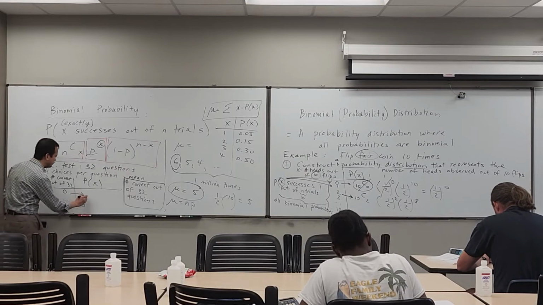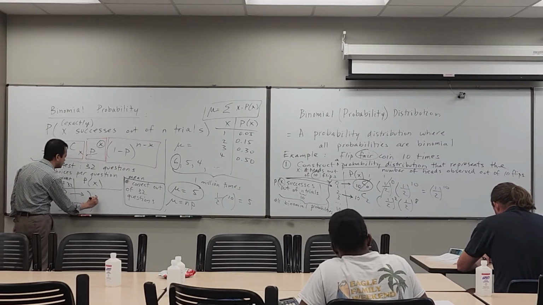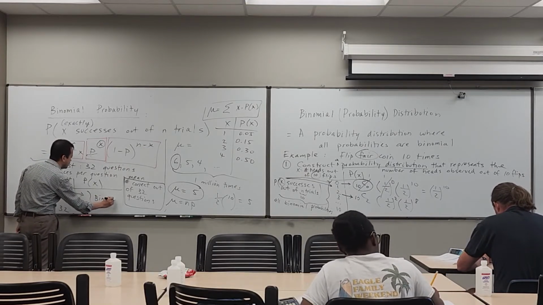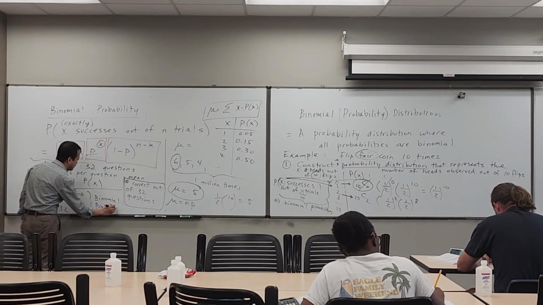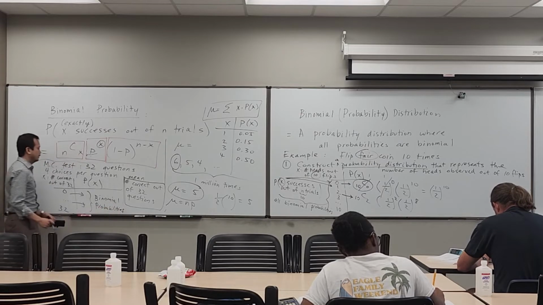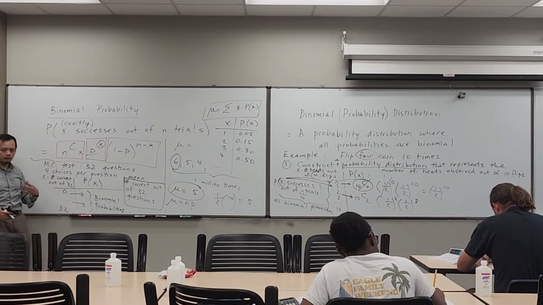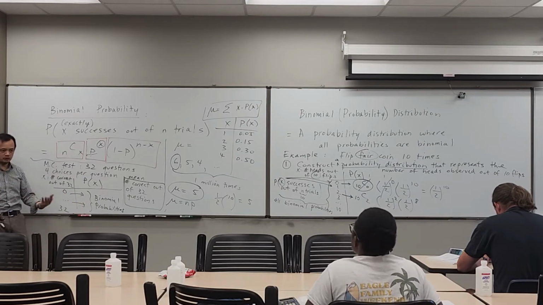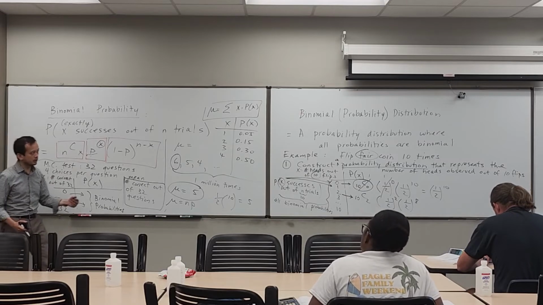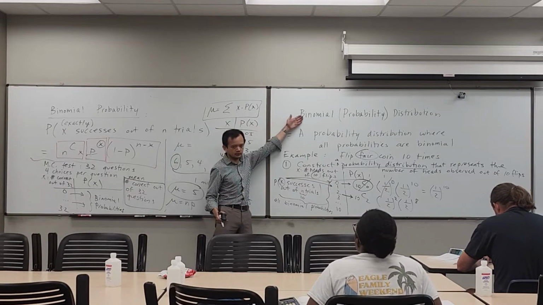So these would all be binomial probabilities. And because you're dealing with a probability distribution where all probabilities are binomial, we have a special case called a binomial probability distribution.